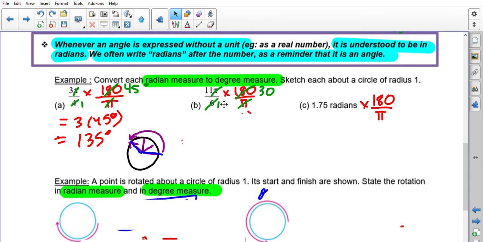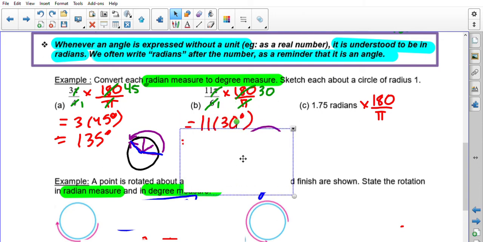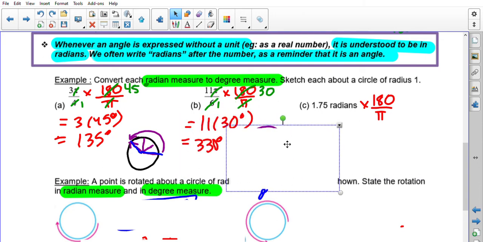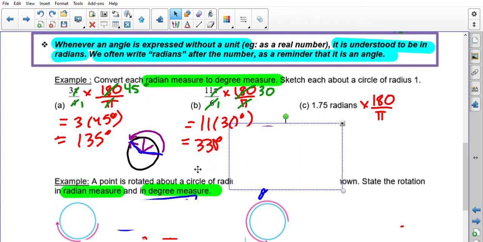All right, 11 pi over 6 times 180 over pi. Again, pi's cancel out. I can reduce 180 over 6 as 30 over 1. So I'm left with 11 times 30, okay, and that's 330 degrees. So again, I want you to draw your circle, and I want you to visualize drawing 11 30-degree intervals.